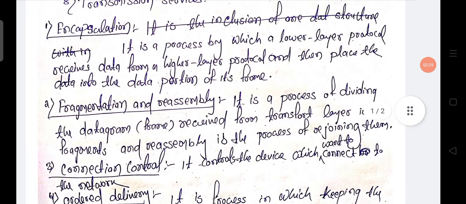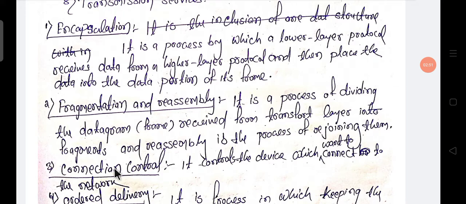Now fragmentation and reassembly. It is the process of dividing the datagram or frame received from the transport layer into fragments, and reassembly is the process of rejoining them.